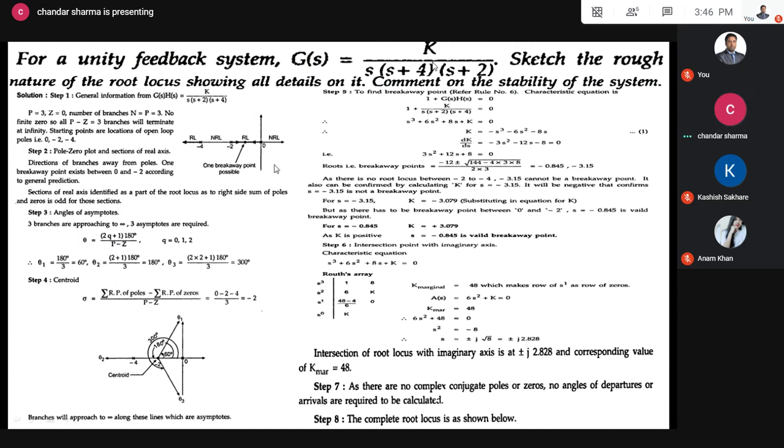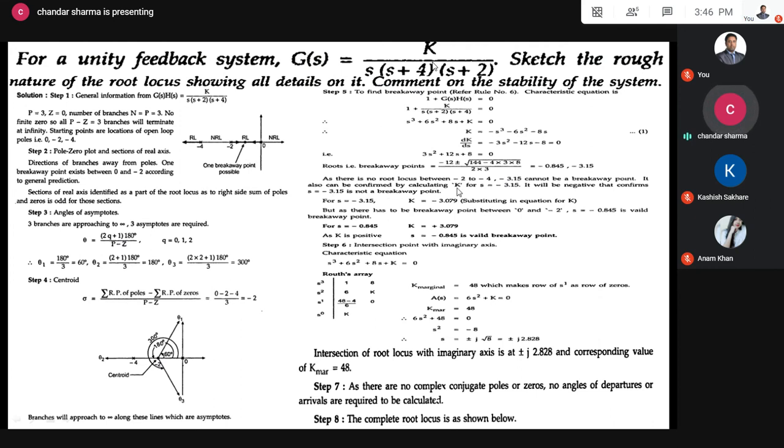Now we have to find the intersection of the root loci with the imaginary axis. For that we have to find the characteristic equation 1 plus G(s)H(s) equals 0. We found this, and from the Routh array, making a row zero, we know the root locus crosses the imaginary axis at s = +j2.82 and -j2.82. To find the breakaway points, take 1 plus G(s)H(s) equals 0 and dK/ds equals 0. Now we have to check which is valid and which is invalid. The root locus exists between 0 and -2, so -0.845 lies between them and is a valid breakaway point. -3.15 is invalid, as there is no root locus between -2 and -4, therefore -3.15 cannot be a breakaway point.